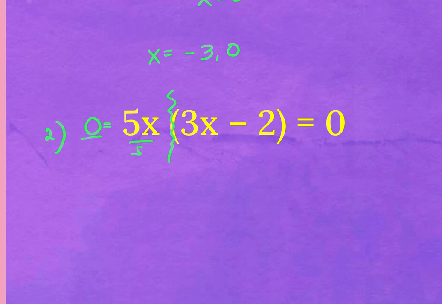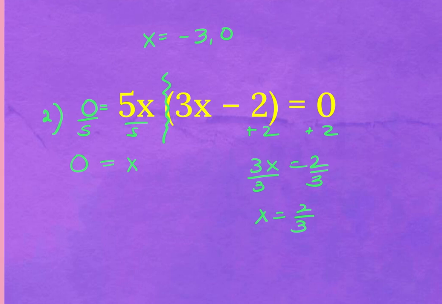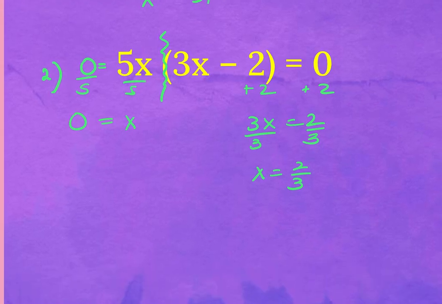Divide both sides by 5, and 0 divided by 5 is 0. And then on the right-hand side, I want to add the 2. I'd get 3x equals 2 and divide by 3. And x is 2/3. So my two answers would be 0 and 2/3.